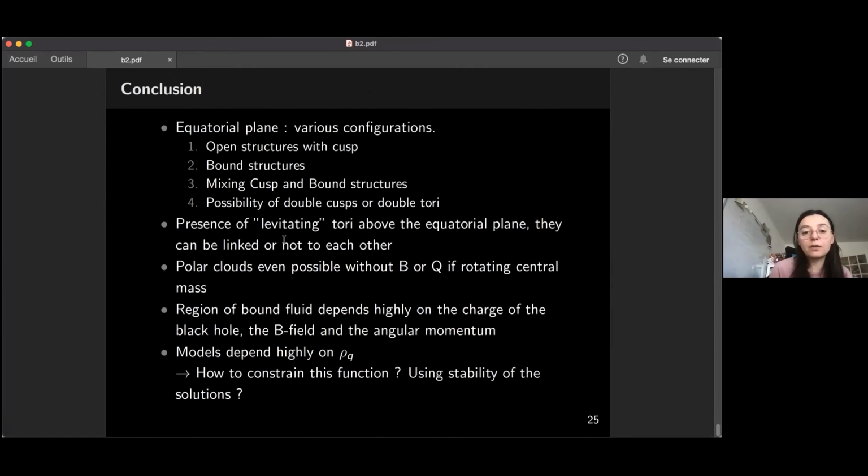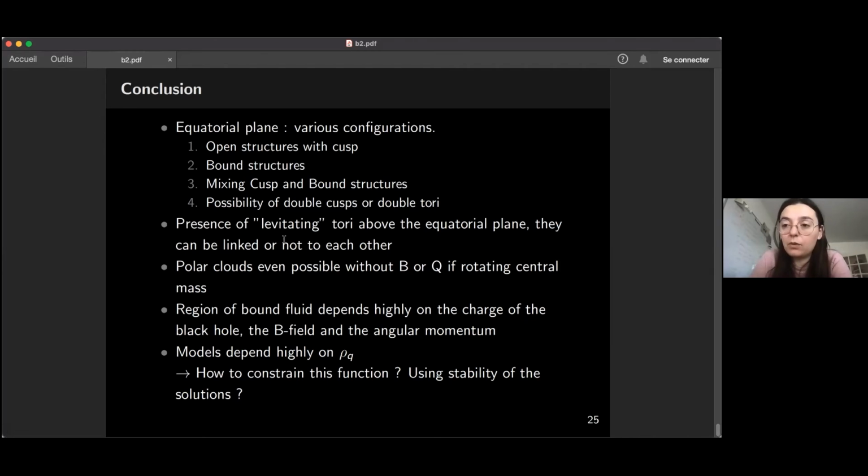We also found the possibility to have those polar clouds, which was also interesting because at the beginning it was only possible when you have B and Q together, so charge and an electromagnetic field together. But if you put one to 0 or the other one to 0, it was not possible to have them.